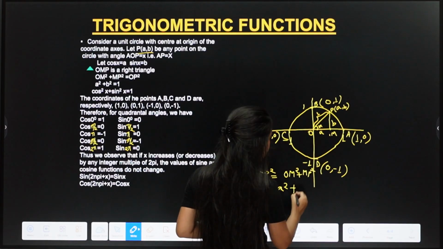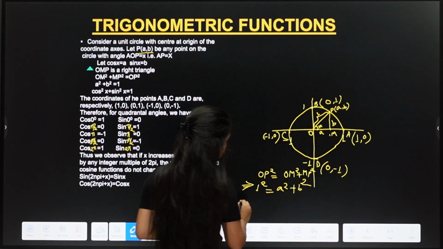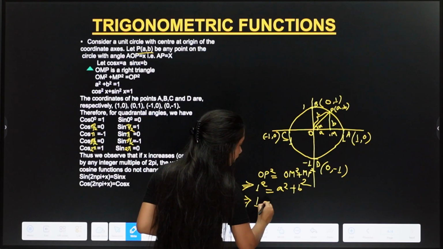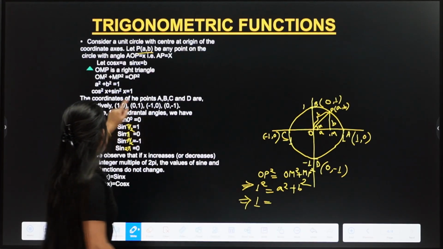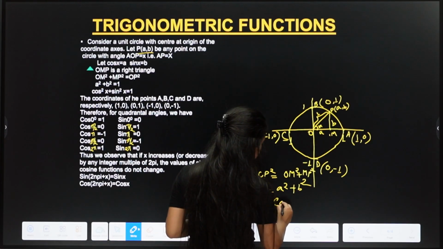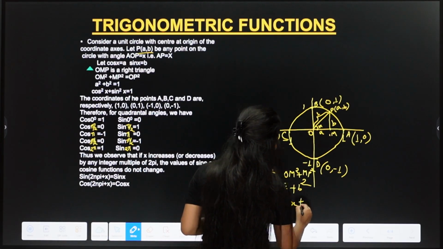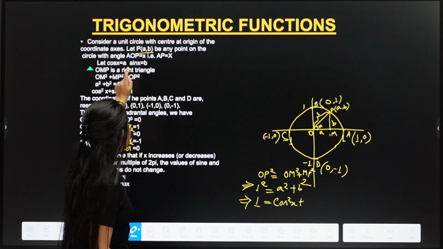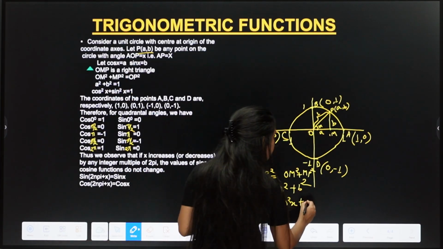Again MP is B, then B square, that is 1 equals, since we have taken A equal to cos x, cos square x. Again we have taken B equal to sin x, then sin square x.